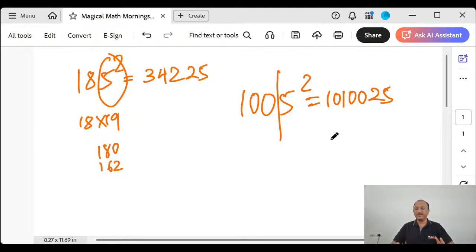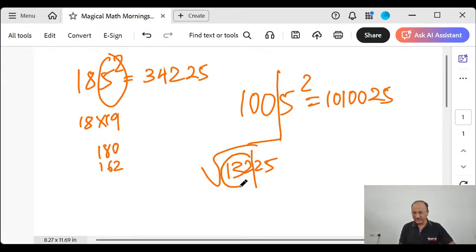You can surprise any of your kids and friends, and this we should never forget, because many times I have used this one, especially when you are doing the problems of statistics and also some quadratic equations problems, where you need to find squares and square roots. Whenever there is a square root of, maybe if you say 132, 25 means what I do, if at all there is a 25, I will try to find out what two numbers multiplication it's going to get, consecutive numbers. 11 into 12, correct?